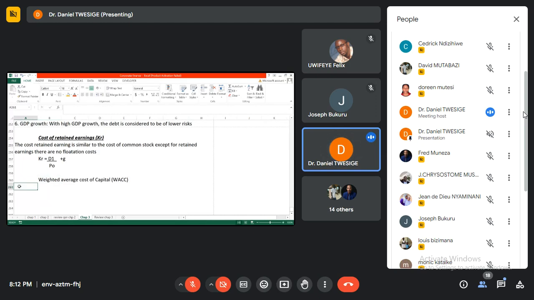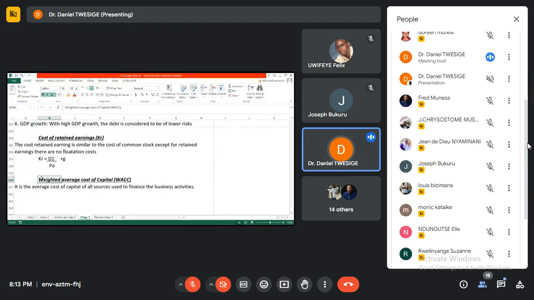It is the average cost of capital of all sources used to finance the business activities. The cost of all sources which you have used to finance the business activities, we recognize them in our weighted average cost of capital.